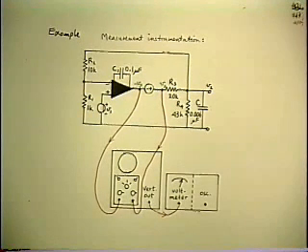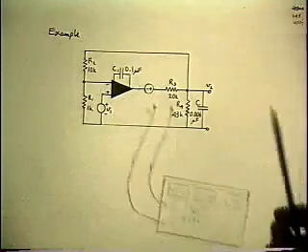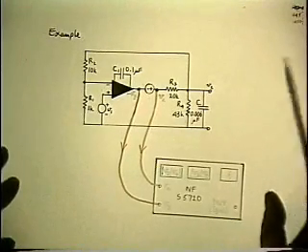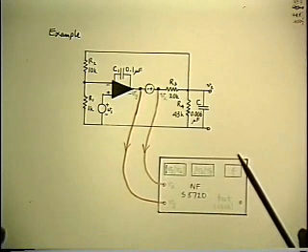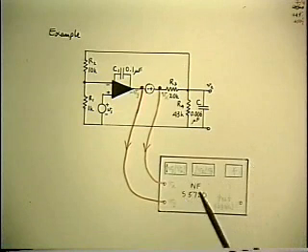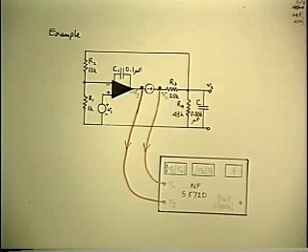Now, of course, the easy way to do it is to buy yourself a network analyzer that does it all for you. And that's very nice, and there's quite a lot of choice of different models to do this. And the price you pay, of course, is they cost a lot more than simply the wave analyzer and the scope.